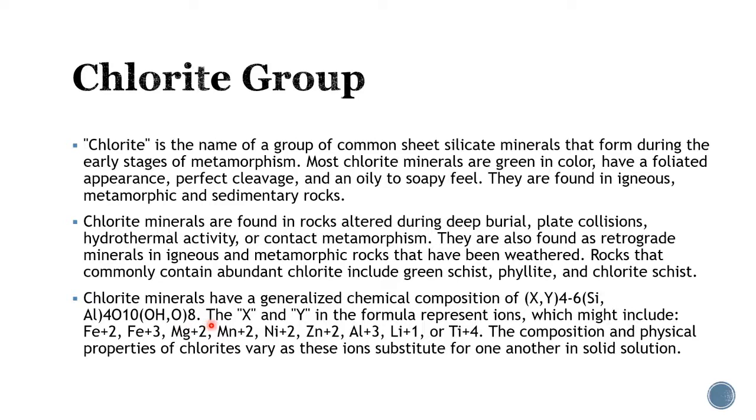The X and Y in this formula represent ions which might include iron, magnesium, manganese, nickel, zinc, aluminum, lithium, titanium. The composition and physical properties of chlorites vary as these ions substitute for one another in solid solutions.